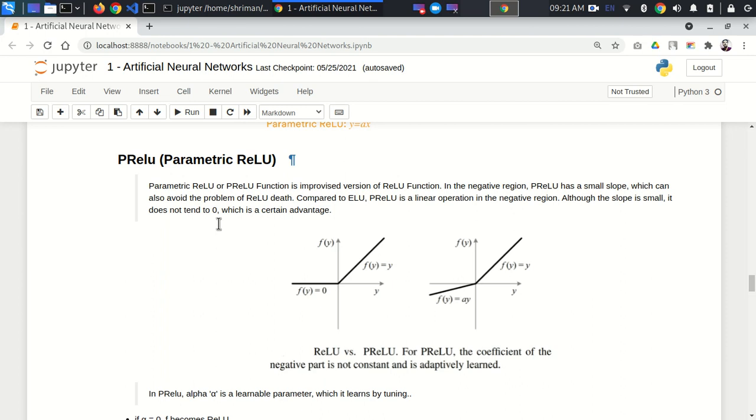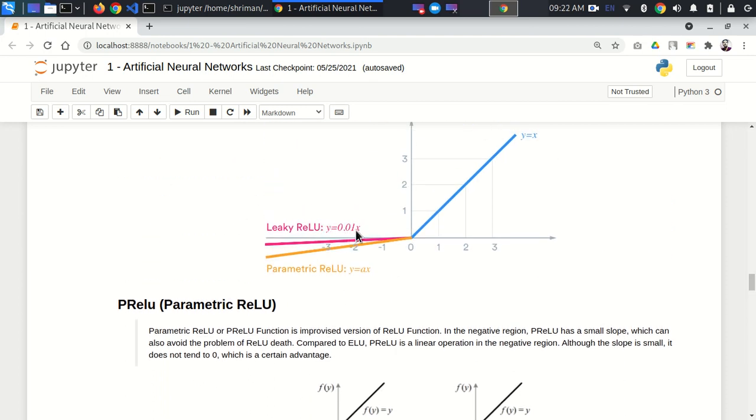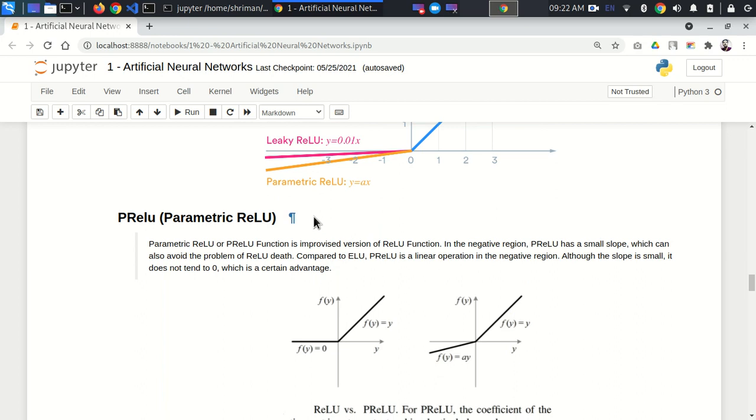Maybe if we give 0.05x or 0.1x or 0.2x, that would give me better accuracy, right? So those people who were arguing about the value of this 0.01x have modified this as well. So parametric ReLU, or p-ReLU, is an improvised version of Leaky ReLU or ReLU.